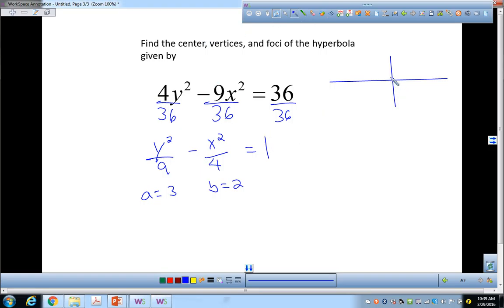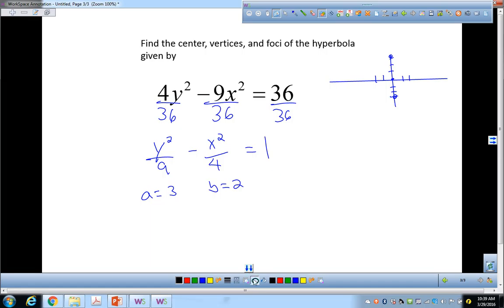A is 3, so you go 1, 2, 3. I mean, it doesn't say sketch it, but if you're going to sketch it, the vertices are here. And B is 2. Okay? So what does B being 2 mean? It means you could find the foci without actually sketching it, but I want to sketch this in. You go over 2 like this and this. And then in here, you get your Moby board.